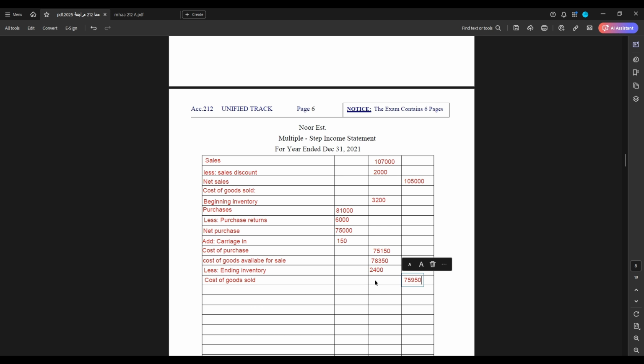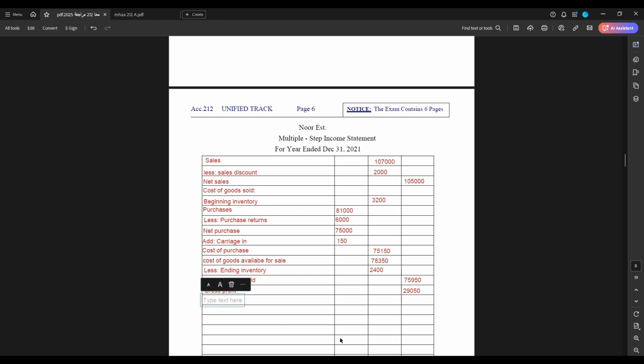Now we can calculate the gross profit or gross loss. So net sales less cost of goods sold will give us gross profit of 29,050.